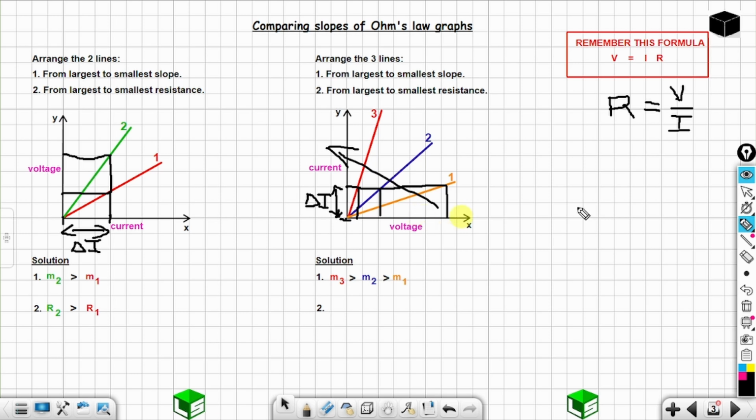So number 1 has got the largest resistance. The greater the voltage, the greater the resistance. This is what you're going to have. I hope you understand. We are done.